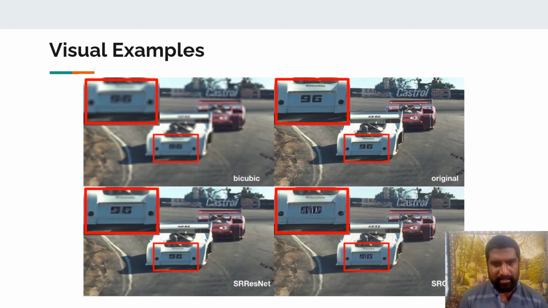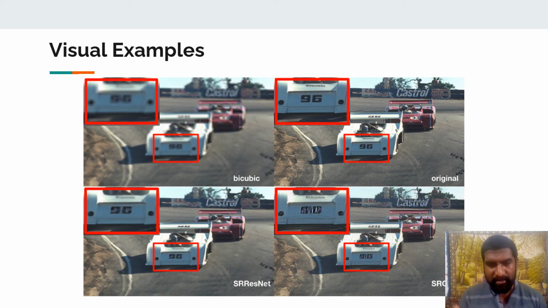So here is another example, and something special about this is, although the image quality is better in the SRGAN, which is the lower right-hand corner image, than all the other images, if you look closely, SRGAN fails to reproduce text clearly. The number 96 is not that much better in the SRGAN image.